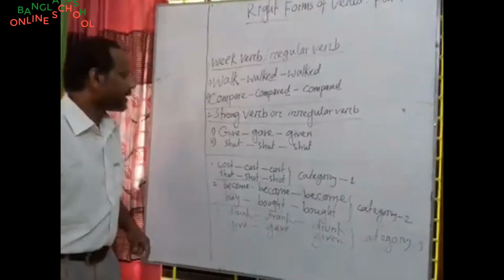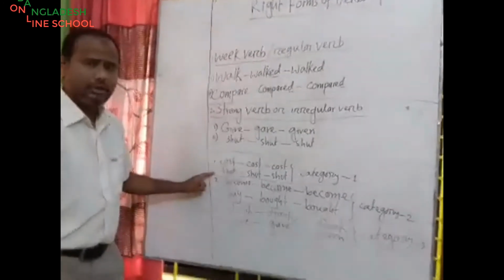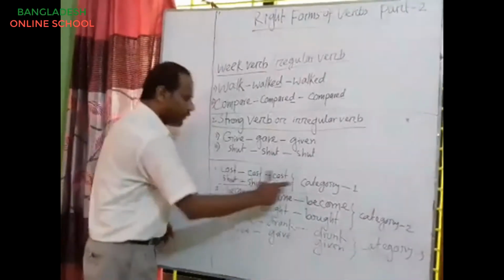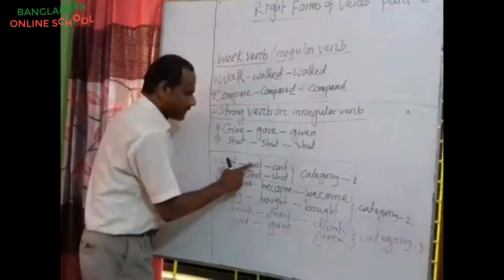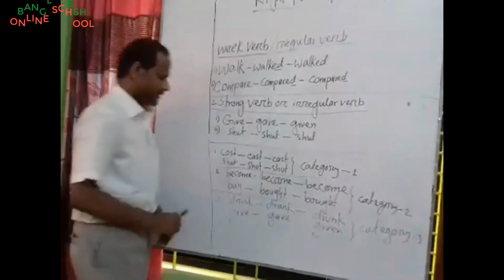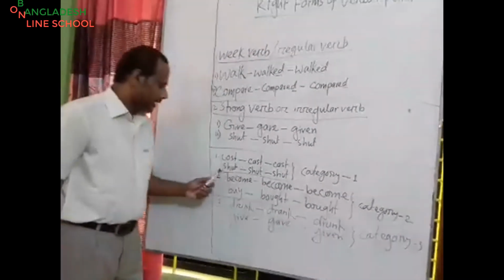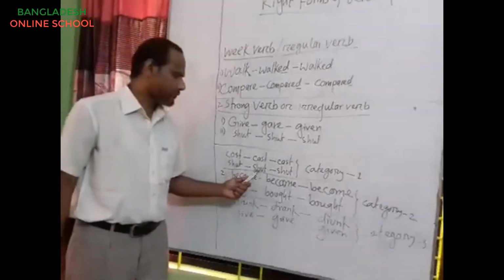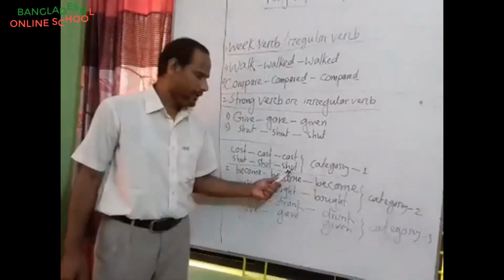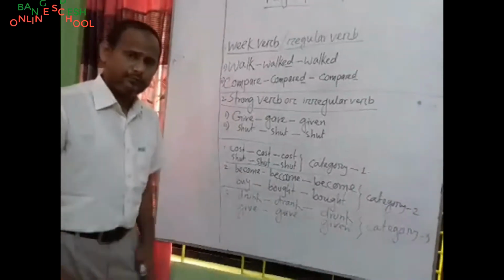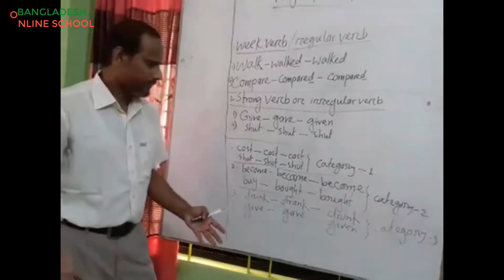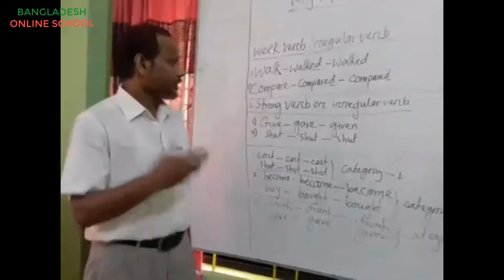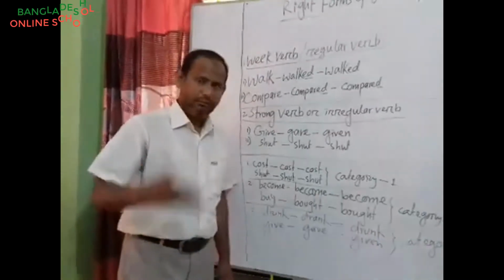You see example, category 1: cost, past form cost, past participle form cost. In another example, shut, present form shut, past form shut, past participle form shut. So these three forms are same.